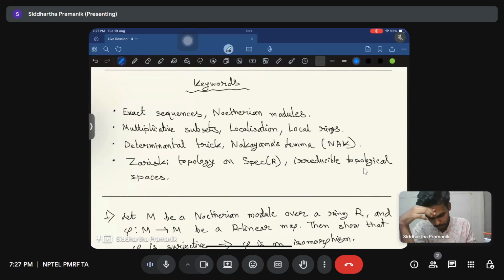We have done Noetherian modules, exact sequences, multiplicative sets, localization, local rings. We have done Nakayama's lemma, and we have not done anything on the prime spectrum. So let's do one or two problems on the spec of R, maybe some properties of spec of R.